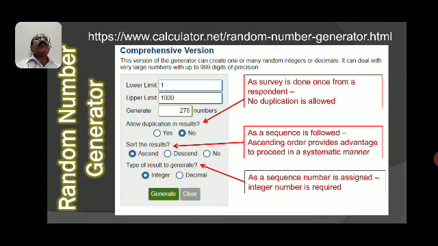Next, once you have given them numbers 1, 2, 3, 4, 5, 6, 7, 8 like that, suppose you have a total population of 1000. So the lower limit is 1, that means you have numbered from 1 to 1000. How many numbers do you have to generate?